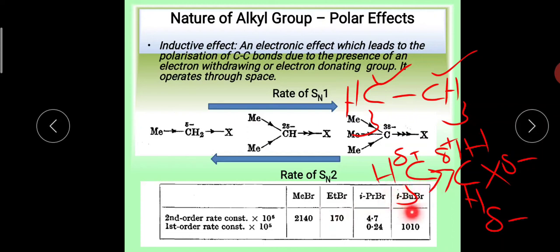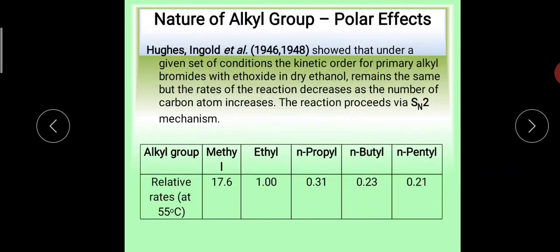And your tertiary alkyl halide does not react by SN2 mechanism, but it completely follows first order kinetics, that is, it reacts via SN1 mechanism, and that can be attributed to the presence of electron donating groups on the carbon. Okay, that would stabilize your carbocation and the rate of the reaction increases.